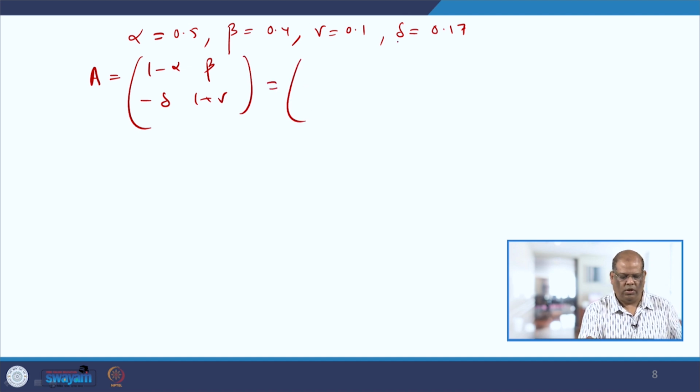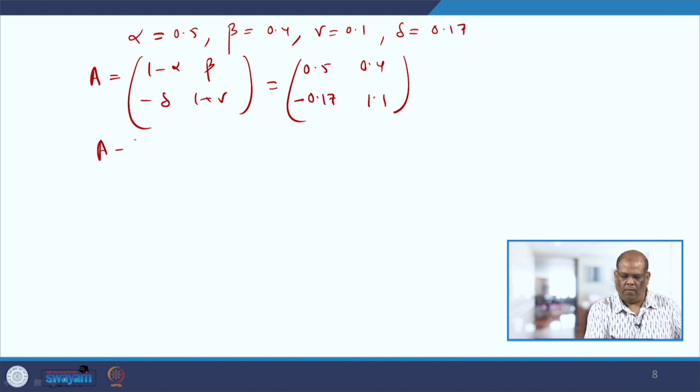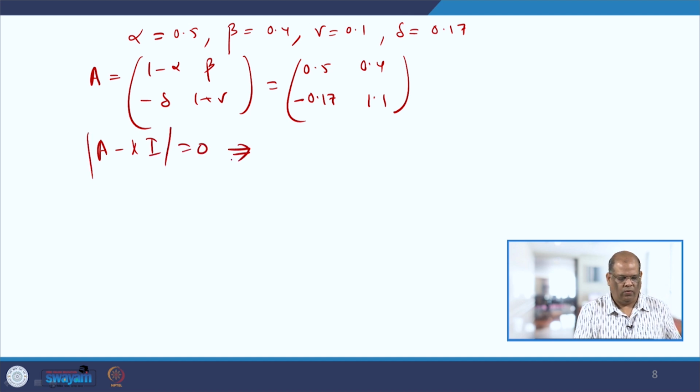You substitute these values and you get 0.5, 0.4, -0.17 and 1.1. And the determinant of A - lambda I will give 0.5 - lambda, 0.4, -0.17 and 1.1 - lambda.